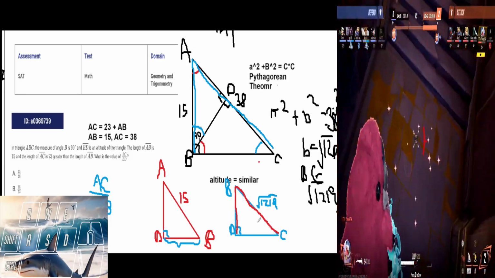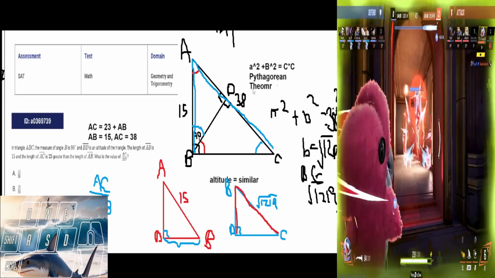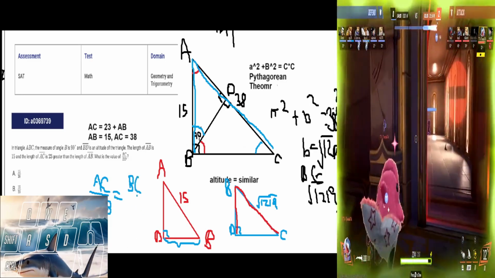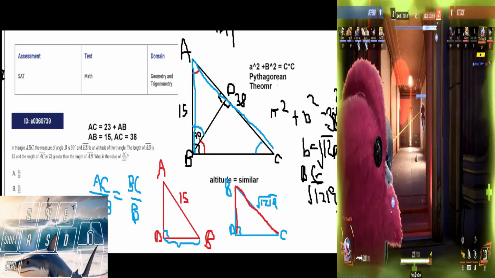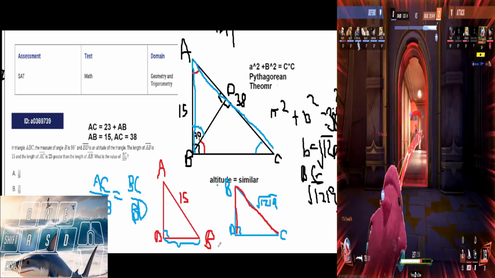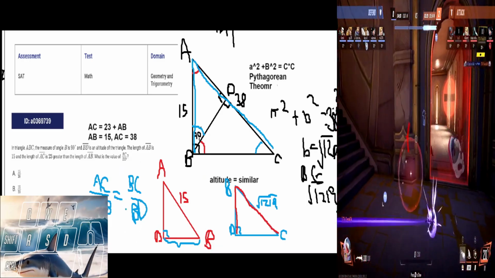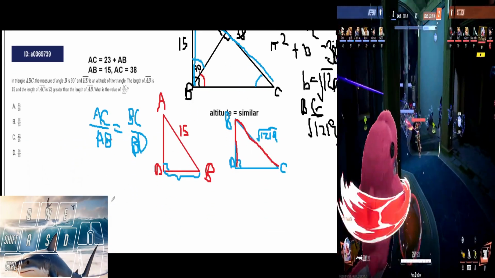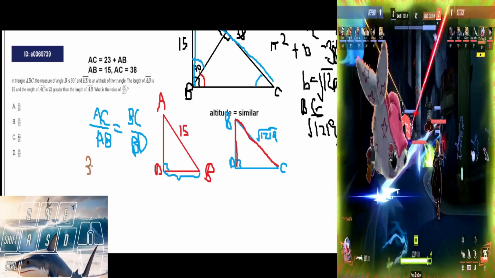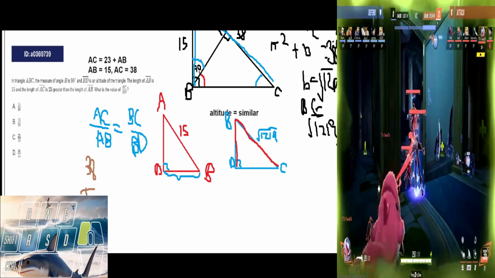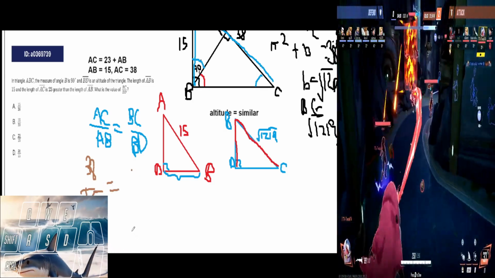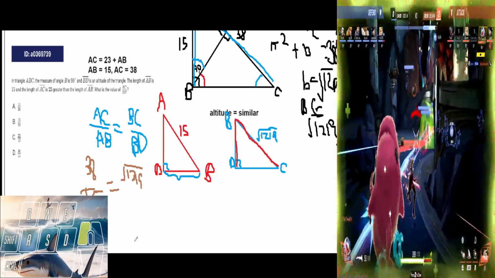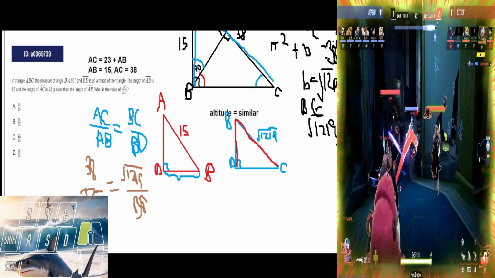So that means AC over AB equals BC over BD. When you plug numbers in, 38 over 15 is equal to square root of 1,219 over BD.